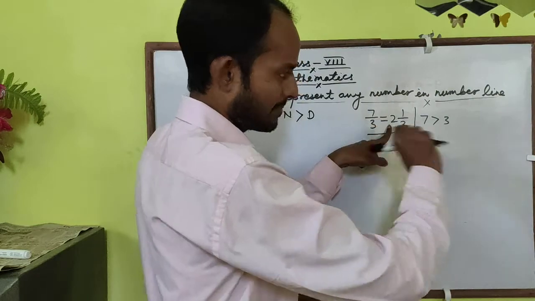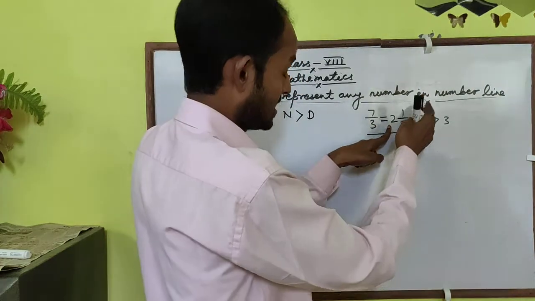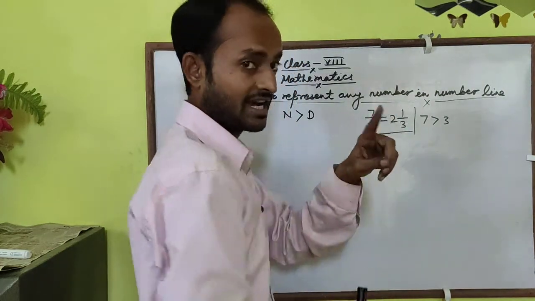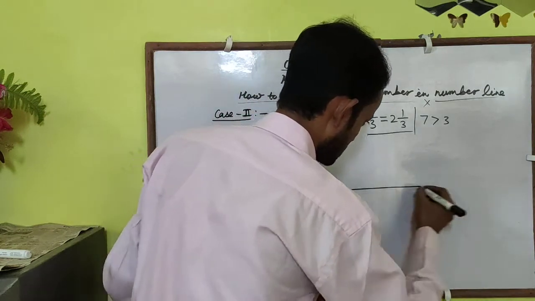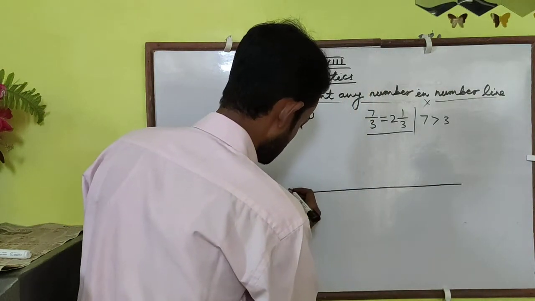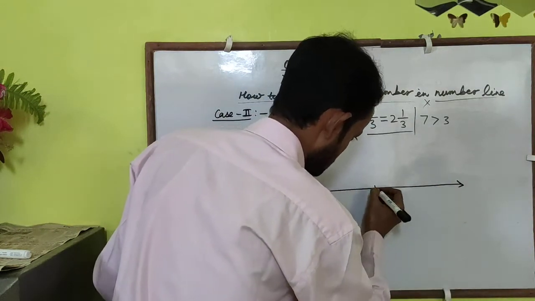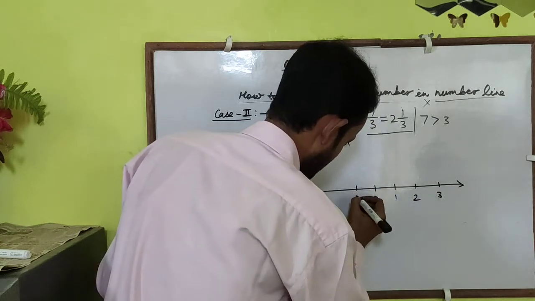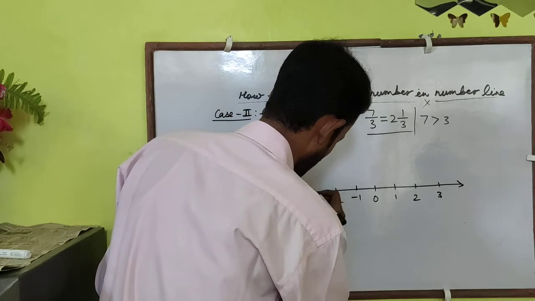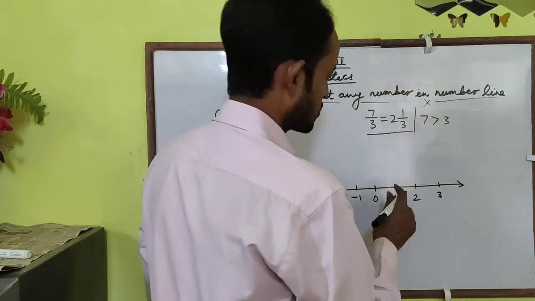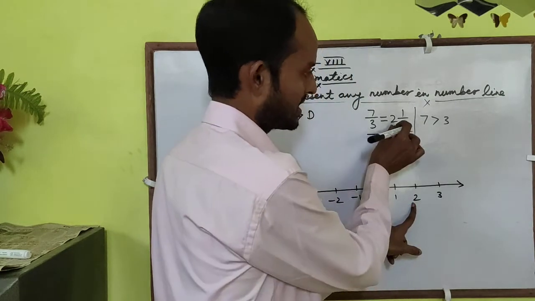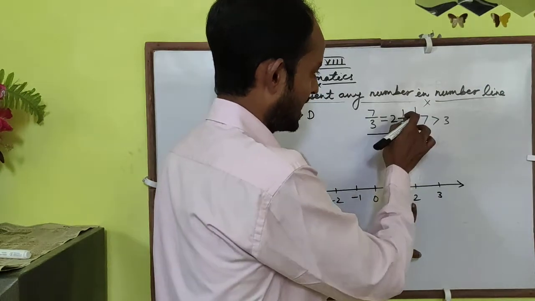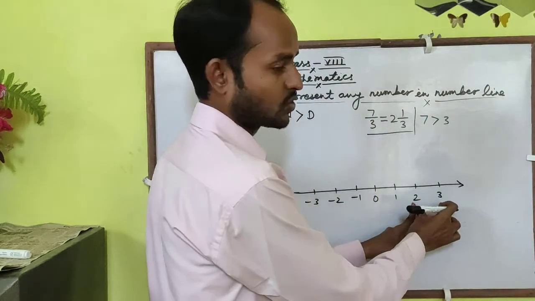2 is the complete part, and after it you have to take 1 by 3. Now on the number line, 0, 1, 2, 3, minus 1, minus 2, minus 3. Here 2 is complete, and 1 by 3 is represented between 2 and 3.